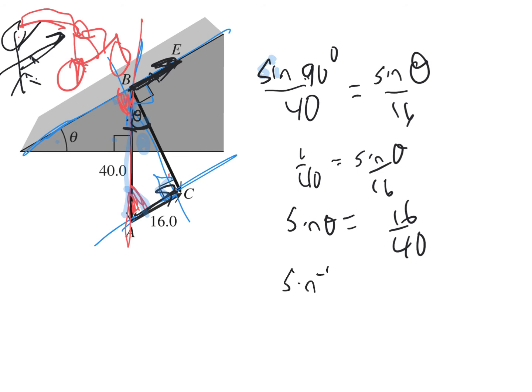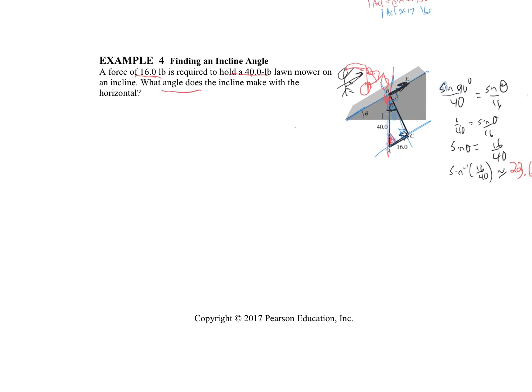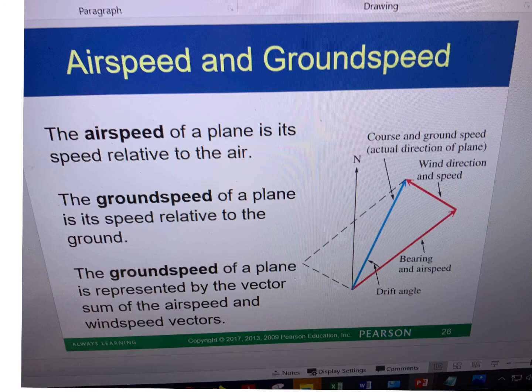You're going to do the inverse sine of 16 over 40, and that'll be approximately, let me do the calculation. 23.6 degrees. I did tell you it was going to be very similar to the other one. And I'm about done.